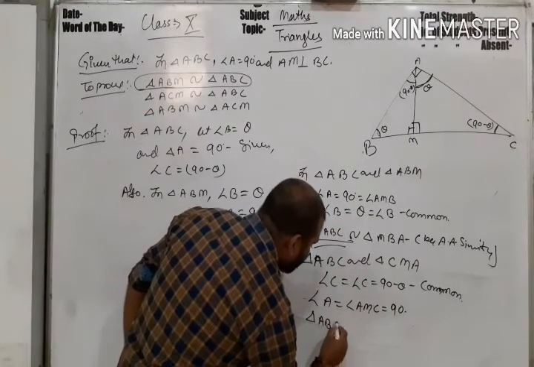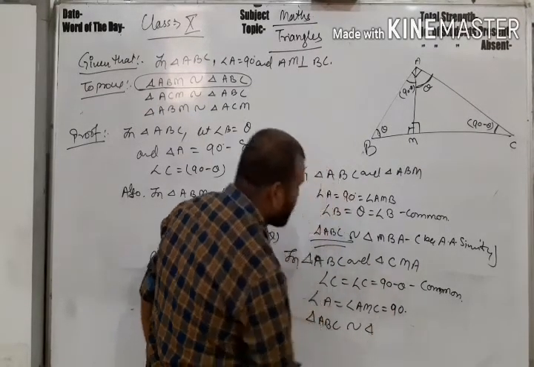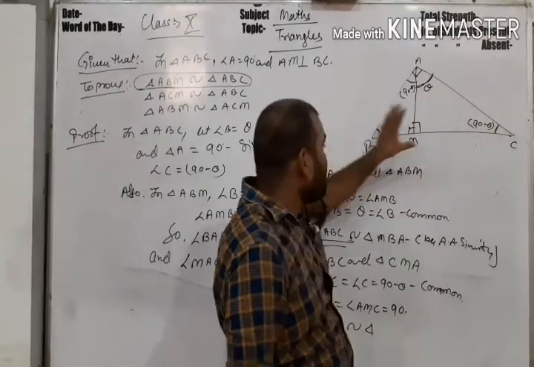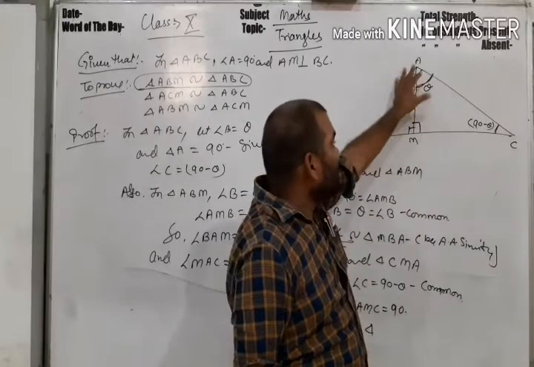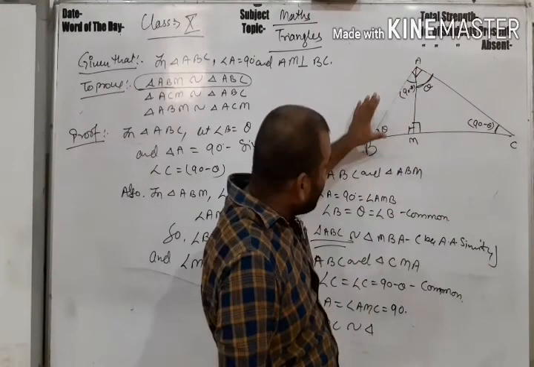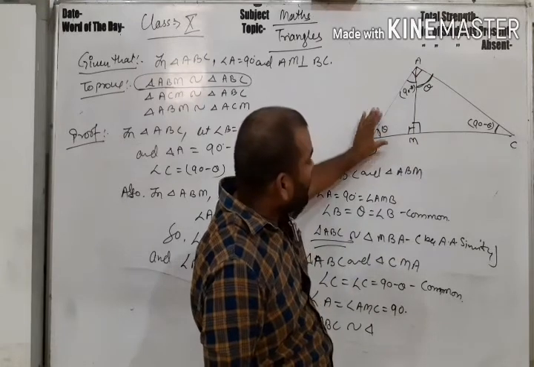Now we look for the corresponding names. We are taking the names in the order ABC, meaning the first name is the side containing the 90 degree angle, then the second name is the side containing angle theta.